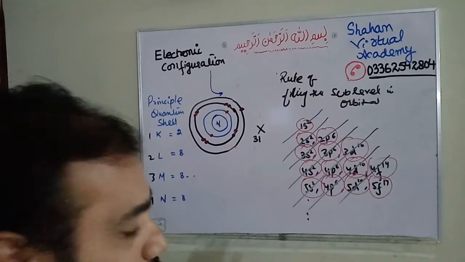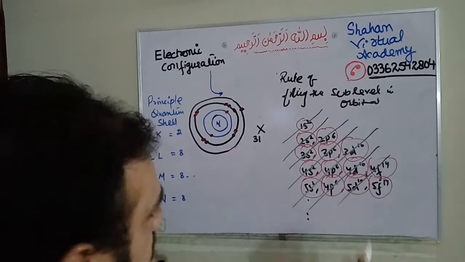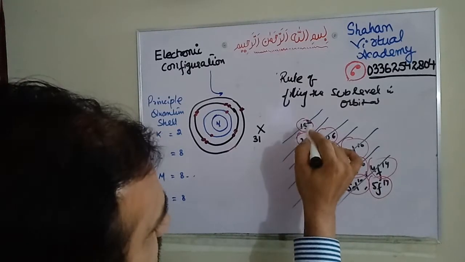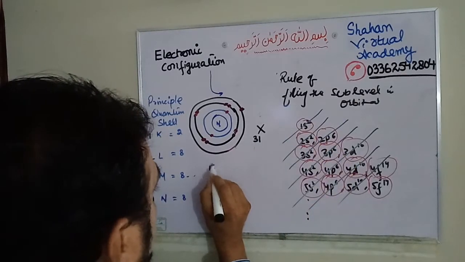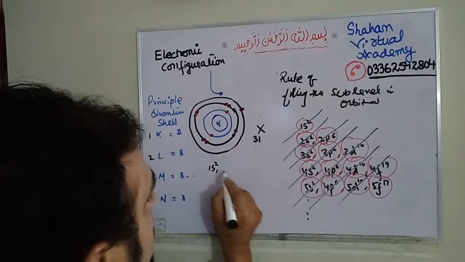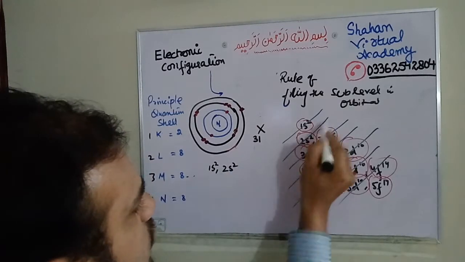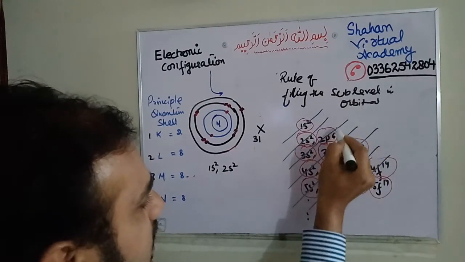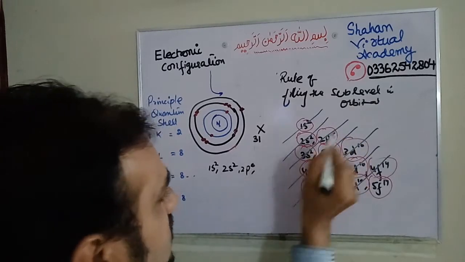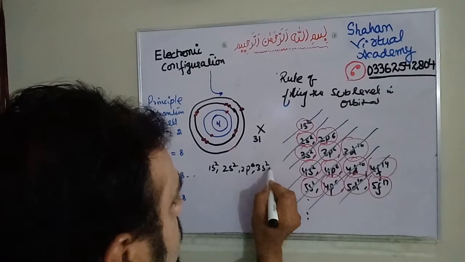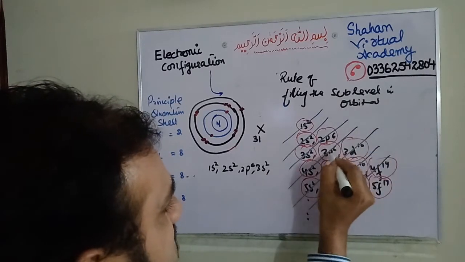First we look at its electronic configuration. 1s2 comes first, then 2s2, then following the arrow 2p6, 3s2, 3p6.